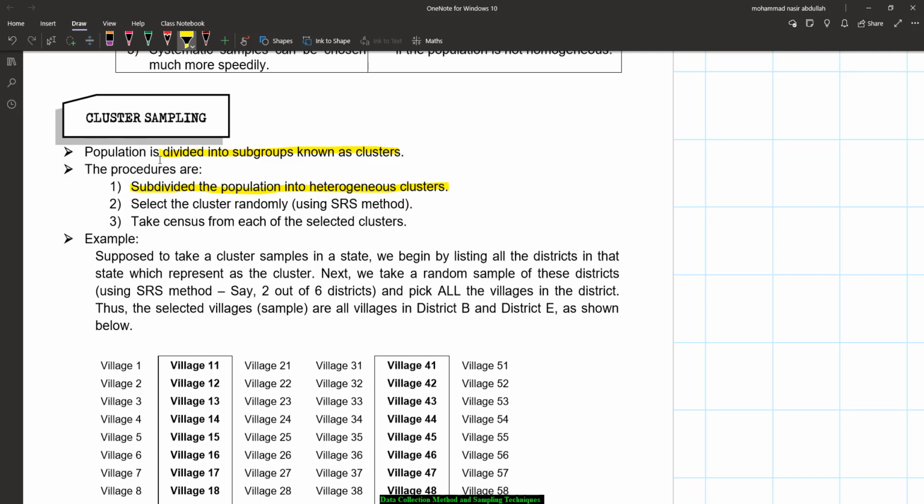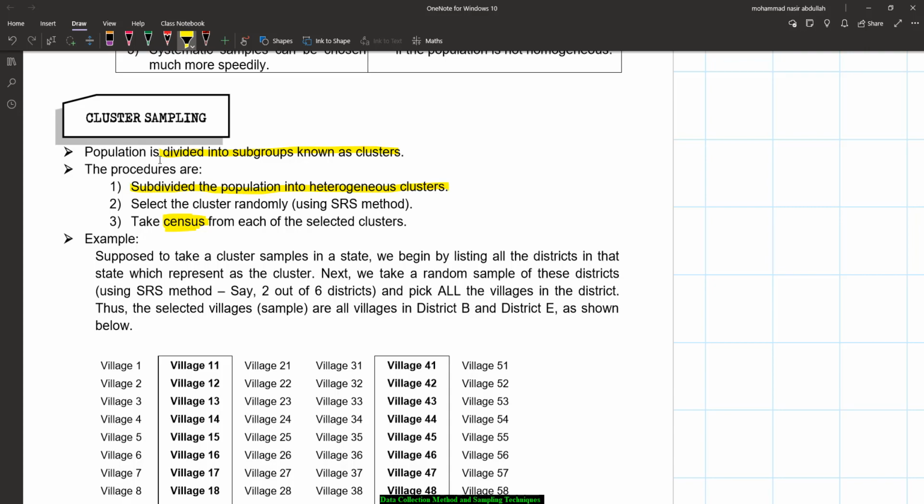Then select clusters randomly using a simple random sample, and then take a census. It takes a census. Highlight this one. Take a census from each selected cluster. This is a different method from the stratified sampling method.